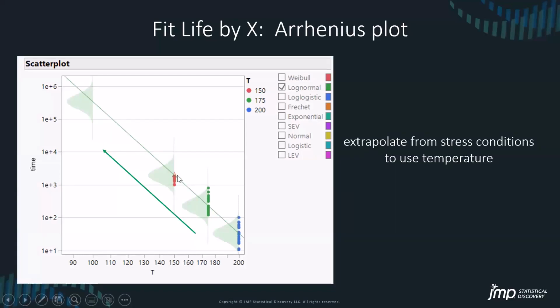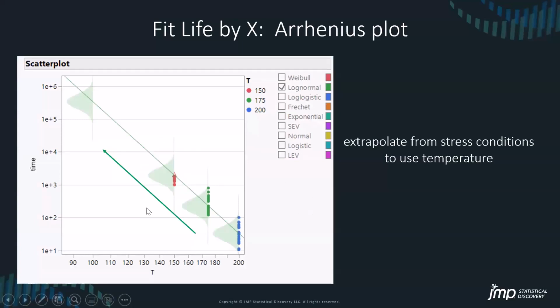You can see this triangle here, and that triangle indicates that we have a censored data point. That's how JMP treats censored data. It makes a little triangle there for you. Even though we've stopped the test at around 2,000 hours, we can still take that into account when we do the analysis. We don't have to throw out that data.